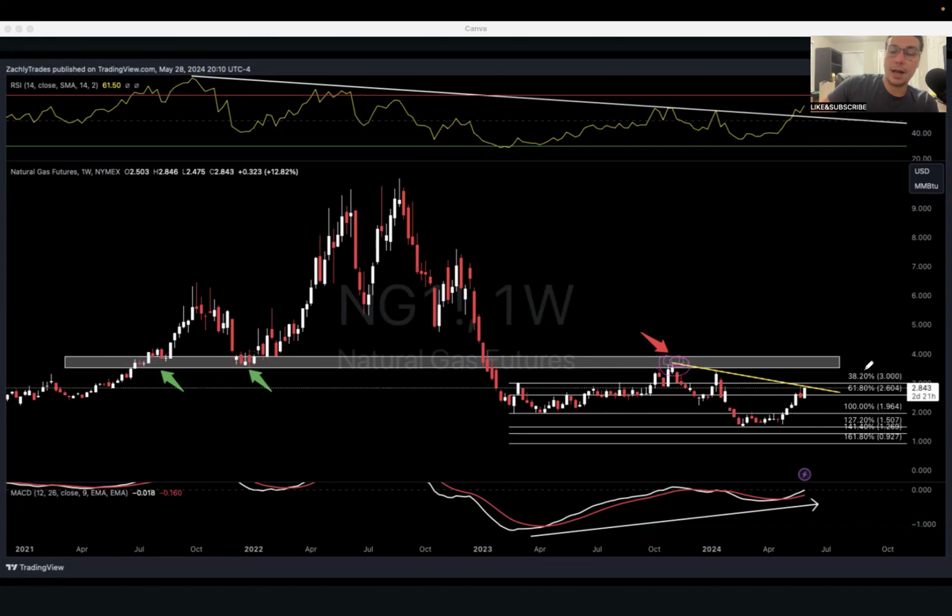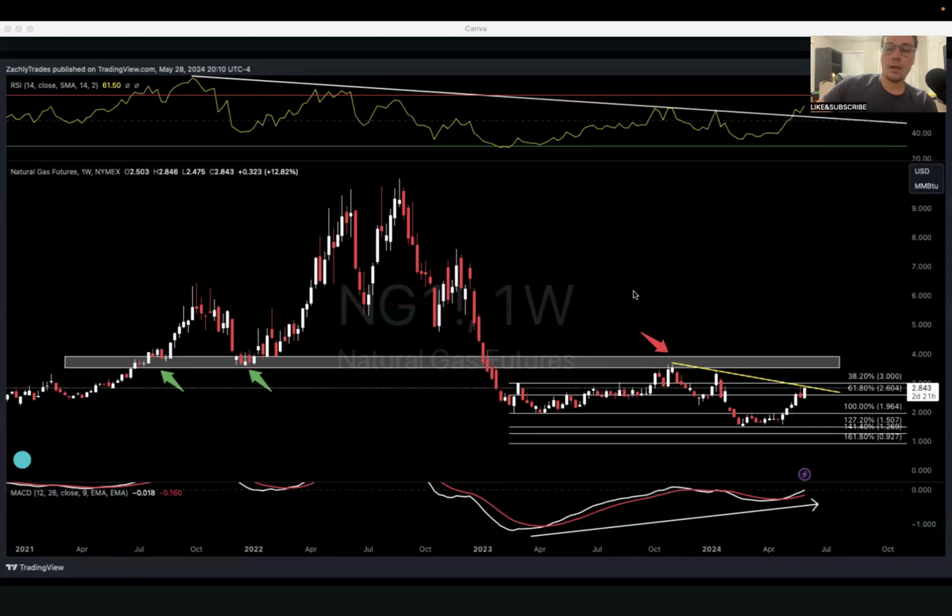If we break out above $3 here, we're going to be looking at $3.50 to $4 as the next key critical zone. From a textbook analysis standpoint, what you want to see is a breakout of this area, retest, push higher, or some consolidation like we saw over here. A period where we're really just chopping around in that zone is very healthy for digestion until we create an imbalance that pushes us up higher.